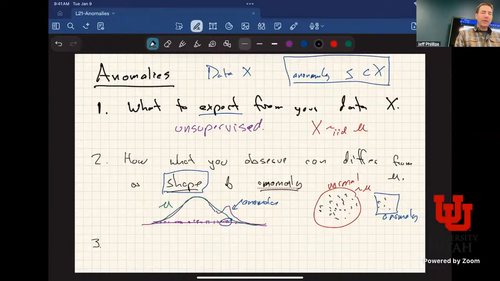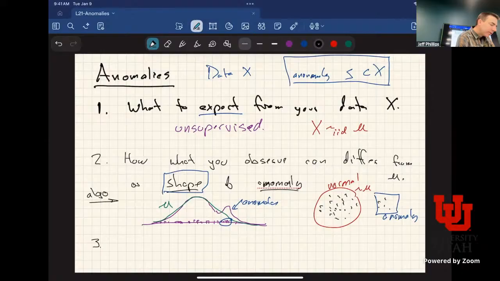Okay, so the last part also has to do with some algorithms. I'm going to have to find this shape, so I'm going to have to think about the algorithms in the second part.